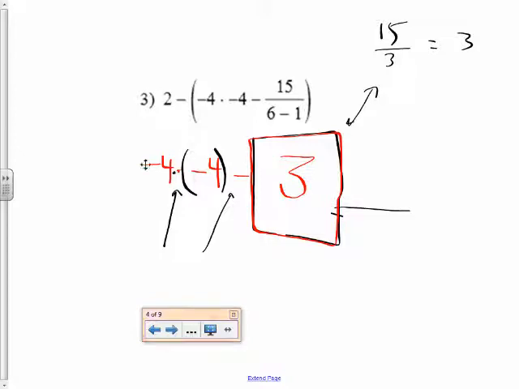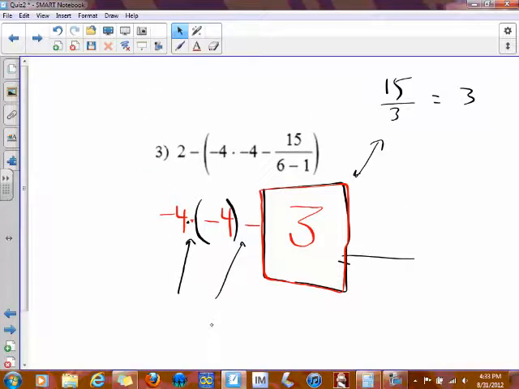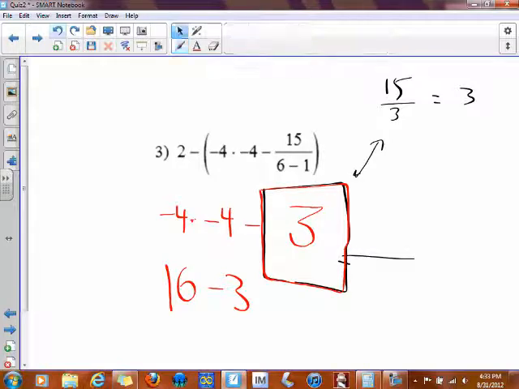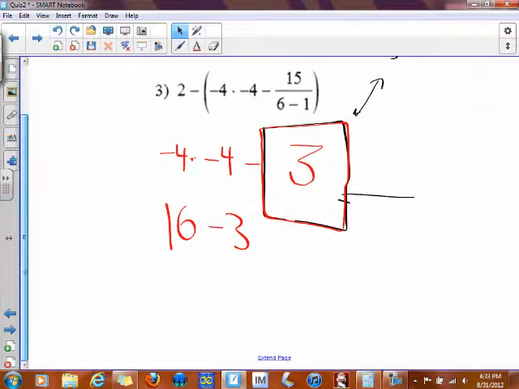A negative times a negative is positive. 4 times 4 is 16. So what you get is 16 minus 3. Now, some of you wrote 13 as the answer. 16 minus 3 is 13.